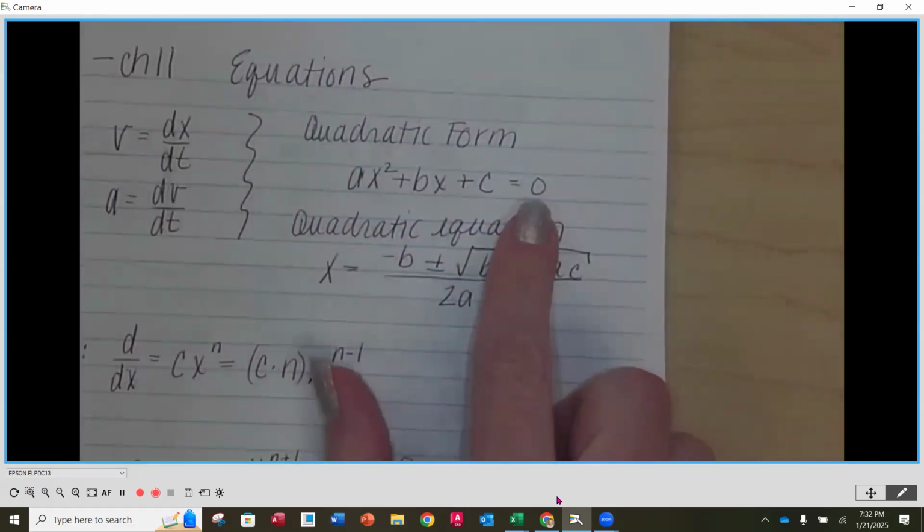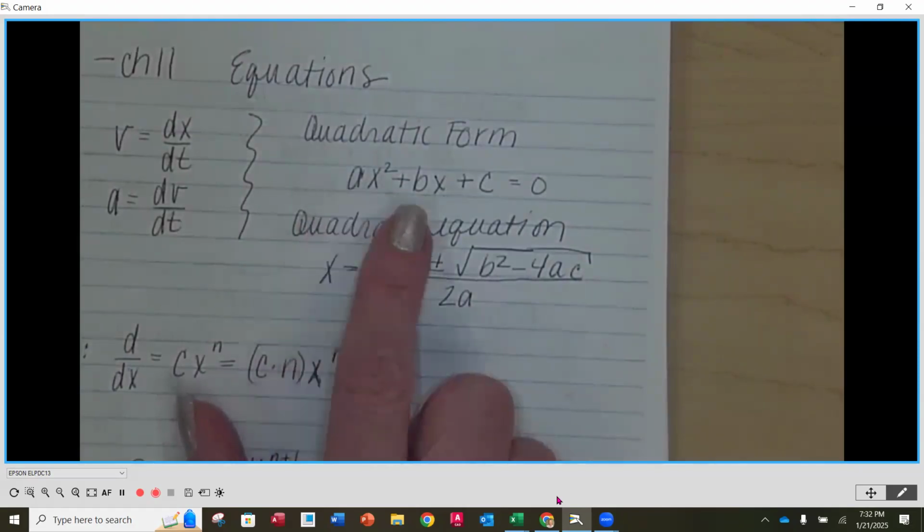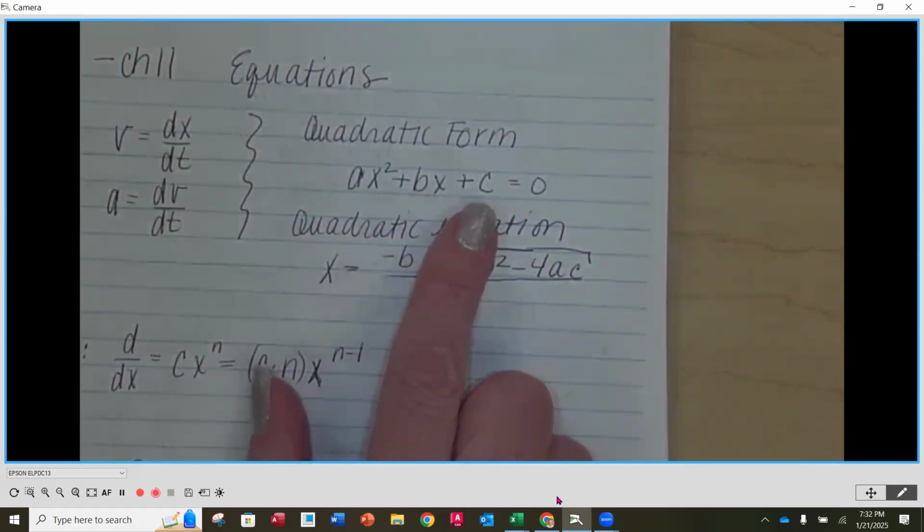So when my velocity is 0, the variable that's in front of my x squared, or in our case, the t squared, is going to be my a value. The one in front of the x, or in our case, the t, is going to be the b. And the one that doesn't have a t is going to be our c, all right?